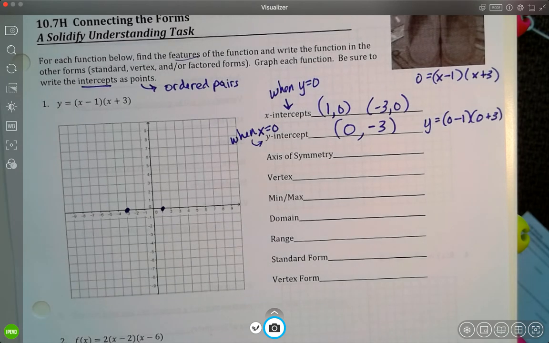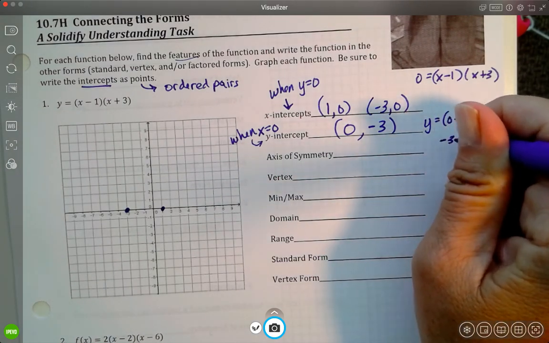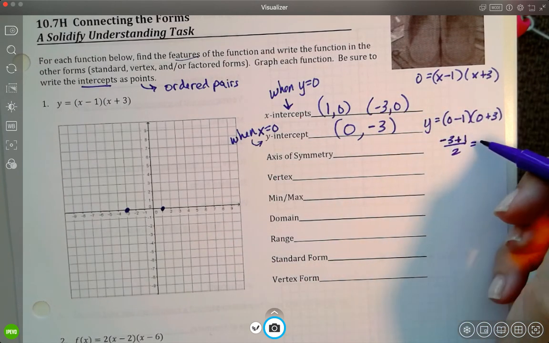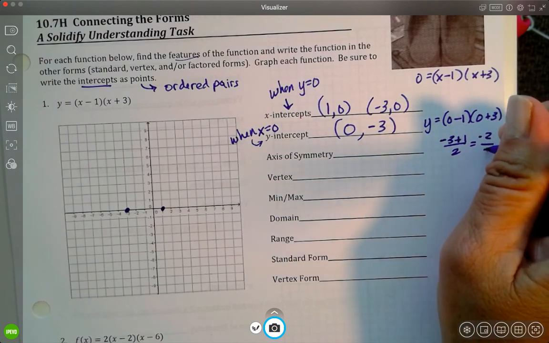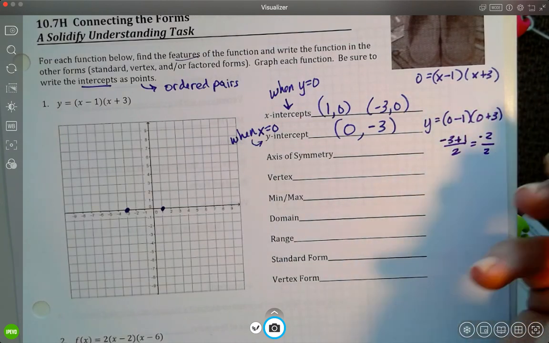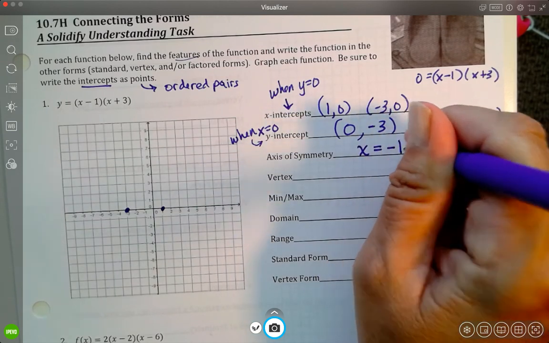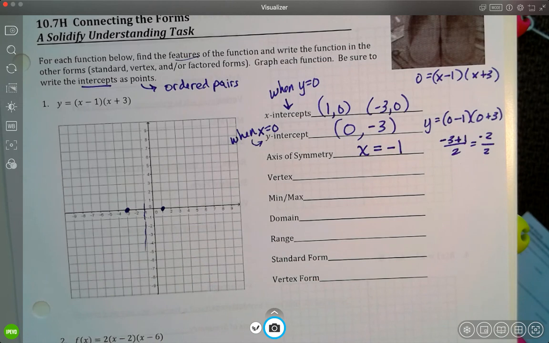So you can just find the average. -3 plus 1 is -2, over 2, which is -1. So I know my axis of symmetry is x equals -1. I know that it's right here, but I can wait until later to graph that.